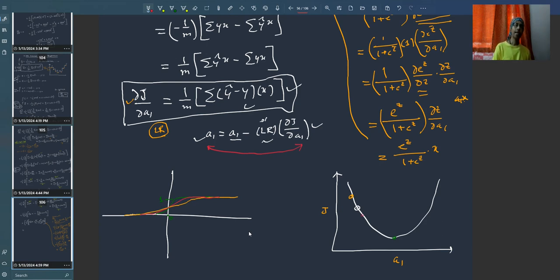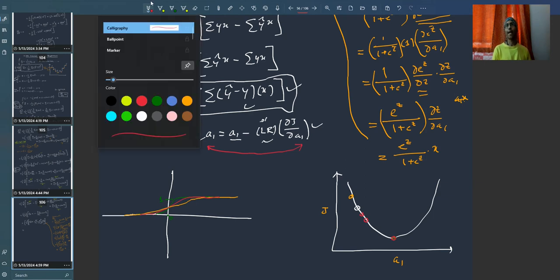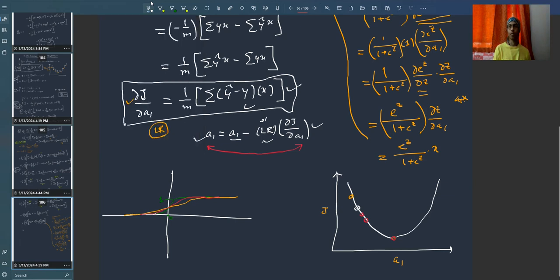And we keep on getting lower and lower. Ultimately, we find our minimal point, and at the minimal point, we have our ideal line, which nearly overlaps with the best line possible. So this is this one.